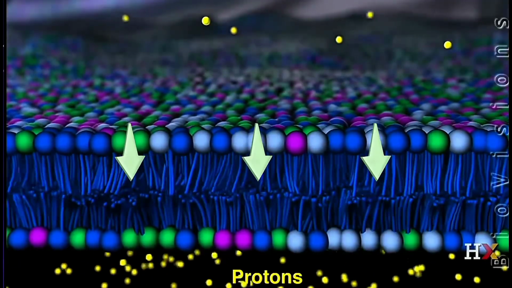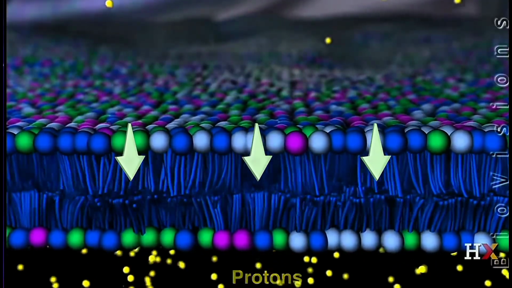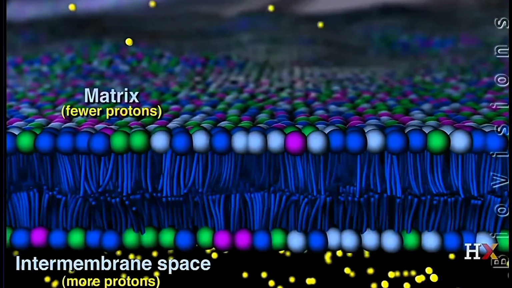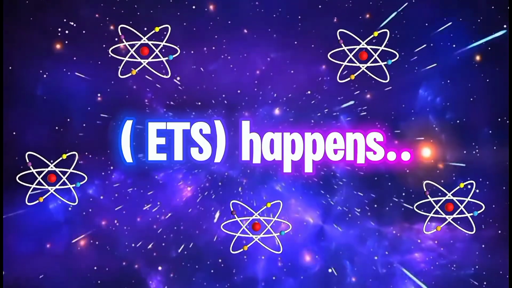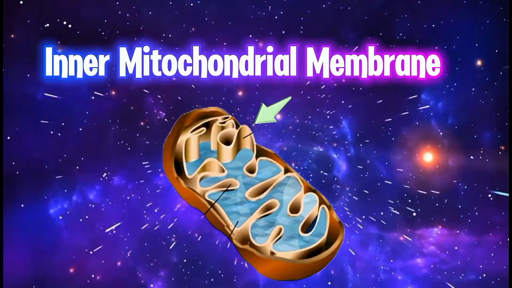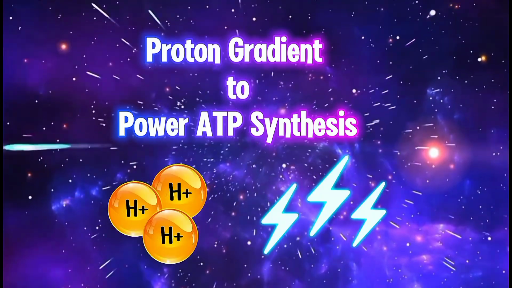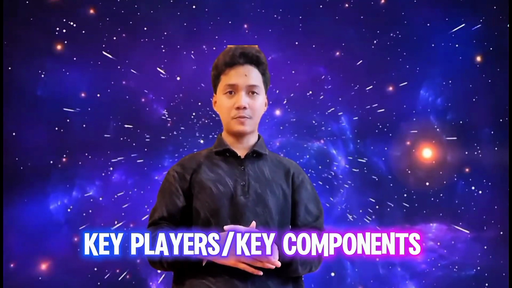This sets the stage for building a proton gradient, a kind of stored energy. Without this location, none of the following steps can even begin. So remember, ETS happens in the inner mitochondrial membrane, and its main purpose is to create a proton gradient to power ATP synthesis.